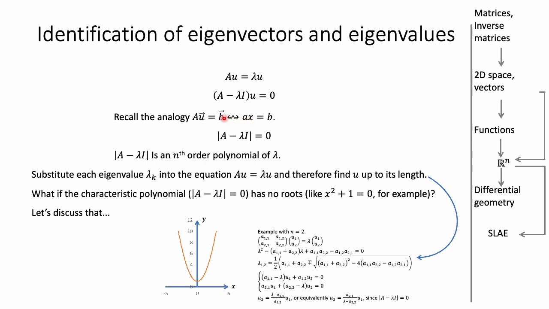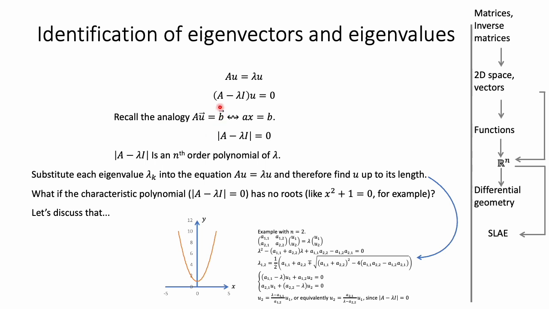The same way here, if we know by the condition that u is non-zero, but we know that b is 0, then the only way this equation can hold is if the determinant of the matrix A is 0, as we just discussed in the previous slide.